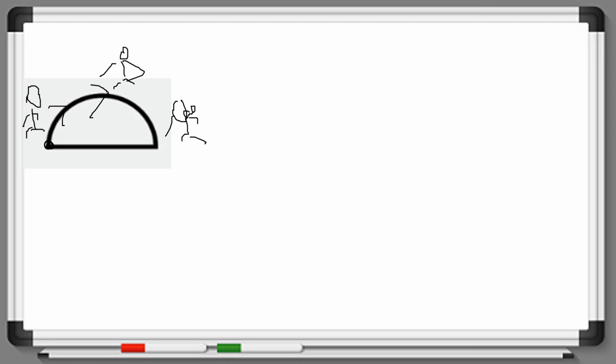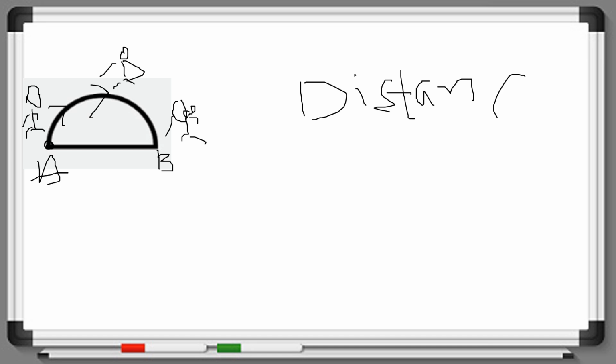Okay, he started from A and he reached point B. What is the distance? What is the distance, boys? Till the time I write, just tell me what is the distance and what is the displacement. I want to know from you.